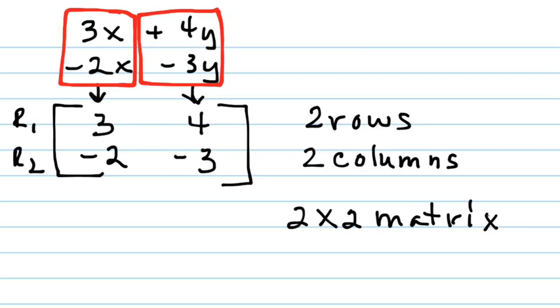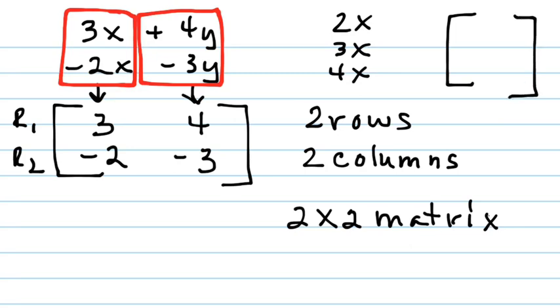Okay? You can have all different kinds of sizes of matrices. So say, for example, that I have 2x, 3x, 4x. I can still write that as a matrix: 2, 3, 4. Okay?